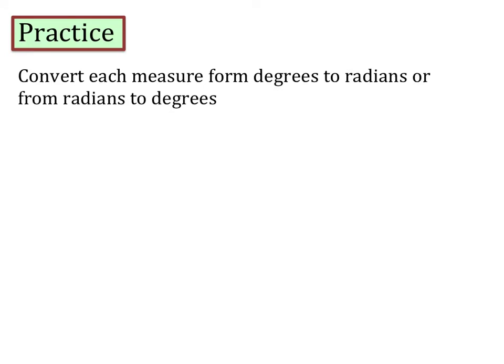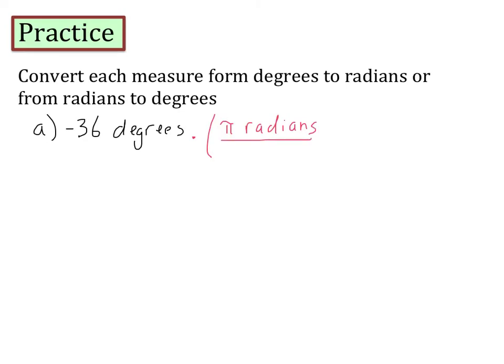Now let's practice converting from radians to degrees or from degrees to radians. So for our first example, we're going to convert negative 36 degrees to radians. Now, since we're going from degrees to radians, we're going to multiply this by pi radians over 180 degrees.